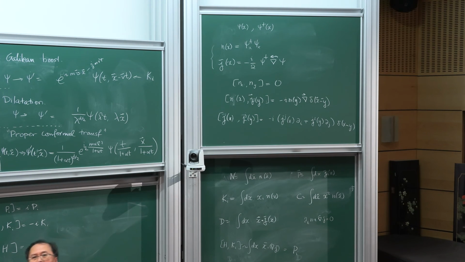Can you also write the Hamiltonian as an integral over n and j? No. Yeah, the Hamiltonian is something that has to be dealt with separately.